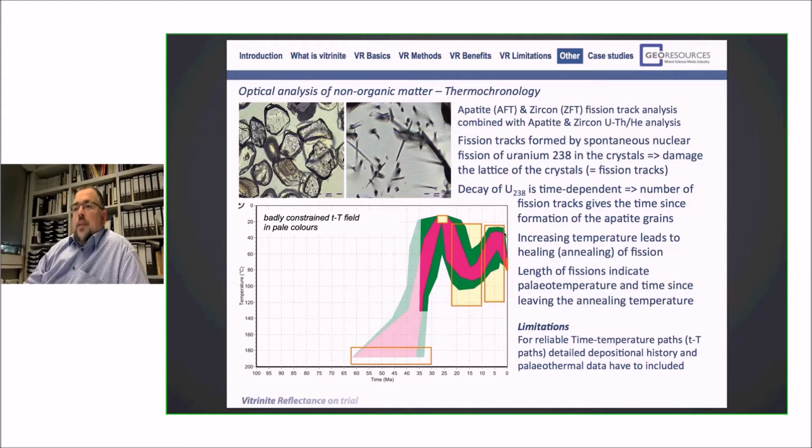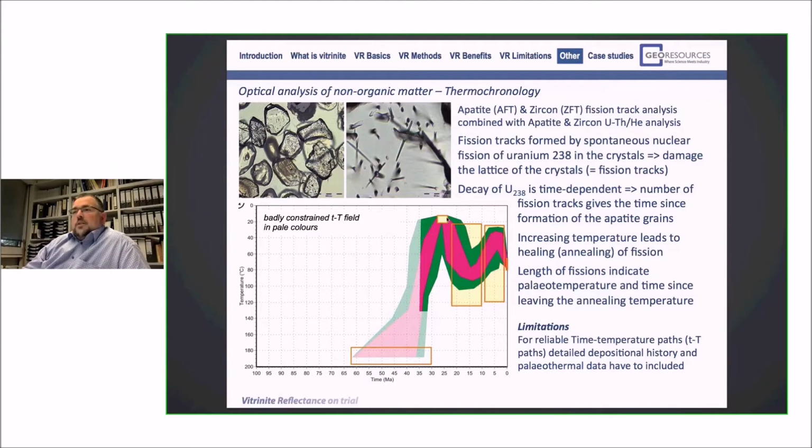And the whole time temperature modeling in thermochronology is based on detailed depositional history and paleothermal data that have to get included into the modeling. So we need a certain set of data to get into the modeling software for the thermochronological analysis.